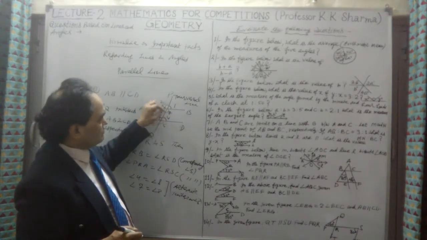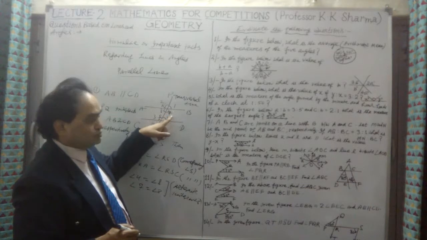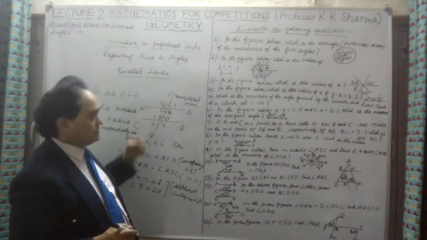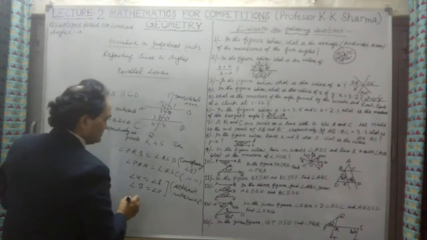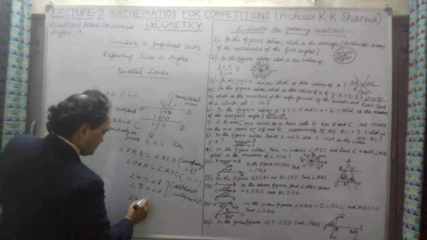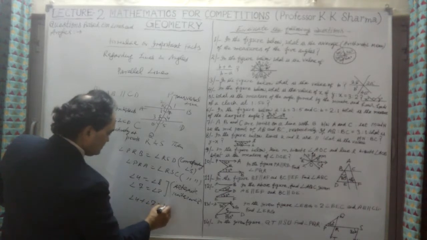Similarly, the sum of the 2 interior angles between 2 parallel lines. What is angle 4 plus angle 7? Angle 4 plus angle 7 equals 180 degrees.